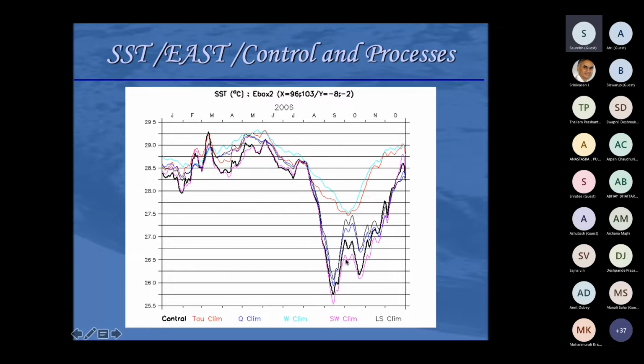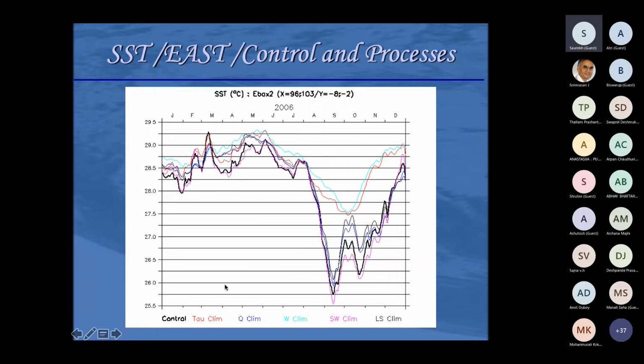So if we don't have, for example, the short wave climatology, these are actual SST. The SSTs are slightly cooler, right? On the other hand, if we don't have the wind stress, the SST would actually be slightly warmer. And among all this, the major contributor comes from winds, that is, in terms of wind stress and wind stress climatology.